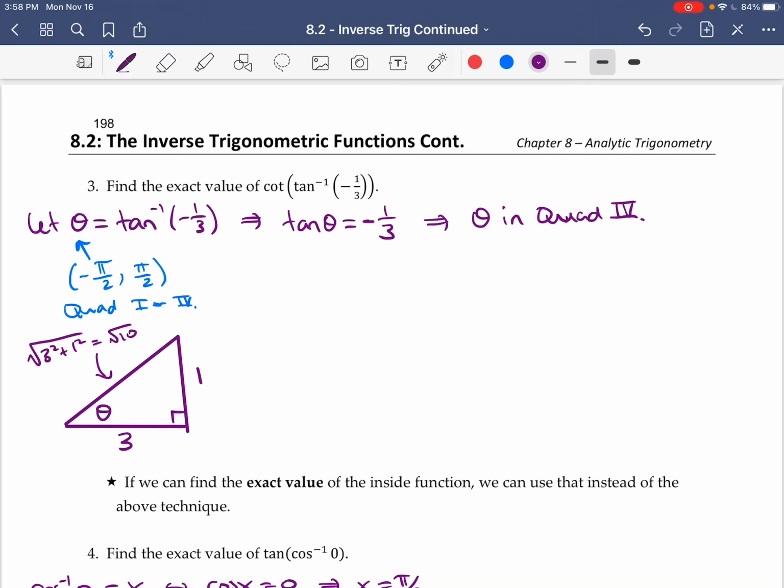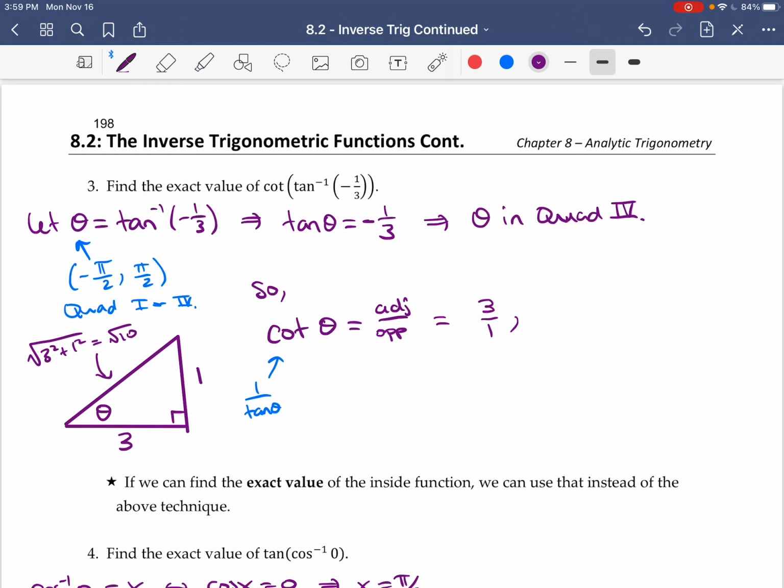So then cotan of theta is going to be 1 over tan, so this is the adjacent over the opposite. So it's the flip of tan. So this should be 3 over 1.